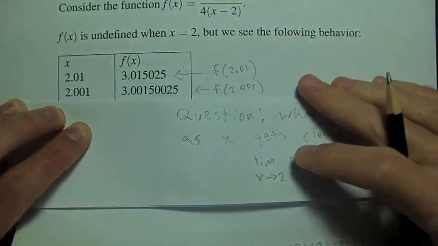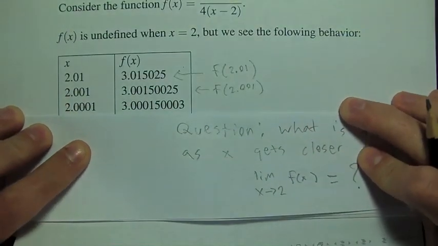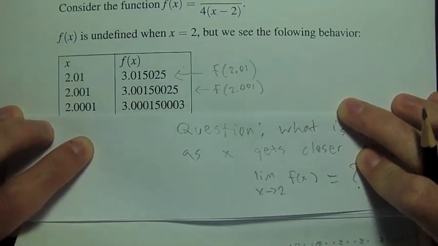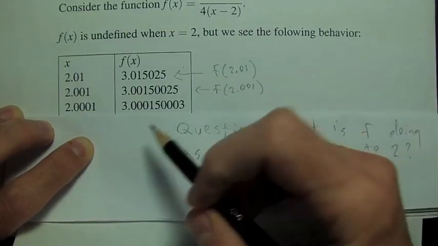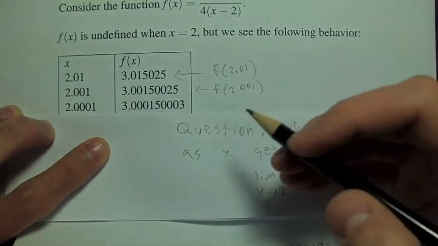And let's get even closer. Let's throw another 0 in there. So when I look at 2.0001, I'm going to get 3.000150003.